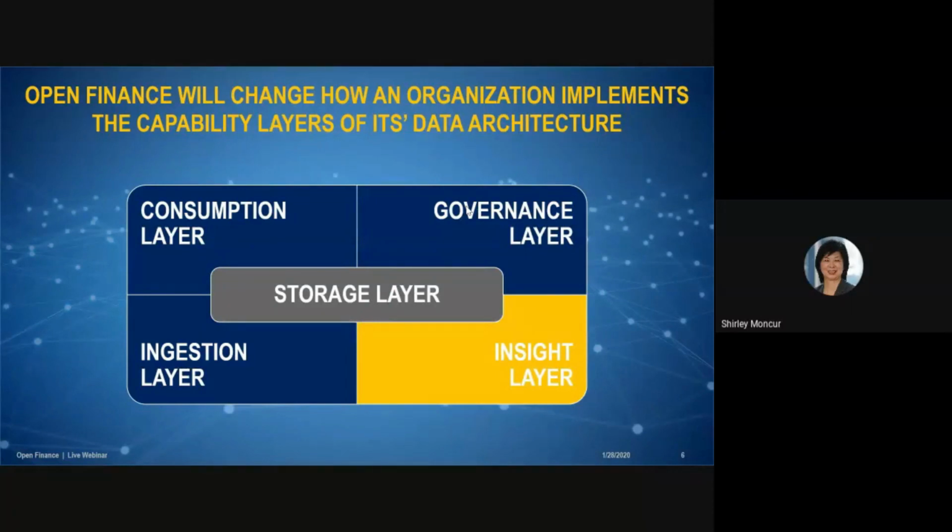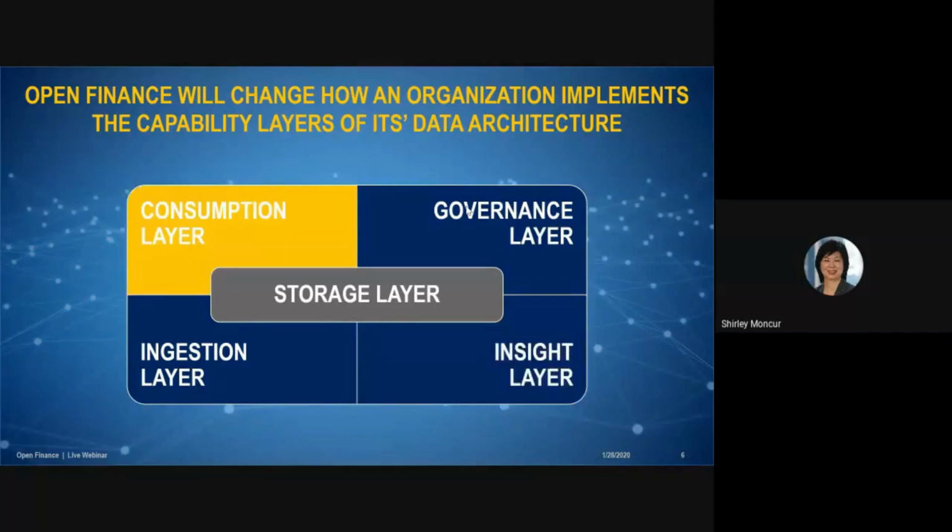Now, moving on to the consumption layer, this layer is made up of applications that consume data from the storage layer to customize customer experience, to support operational decision-making, to inform frontline staff, or meet regulatory and compliance commitments. So these types of applications could include CRM, digital marketing, call center automation, chatbots, robotic process automation, just to name a few.